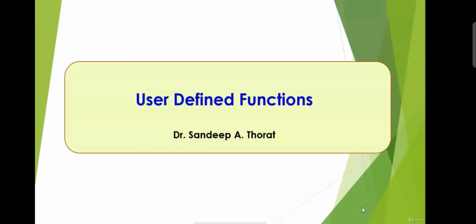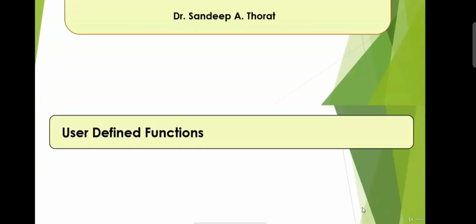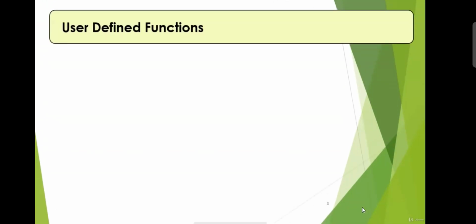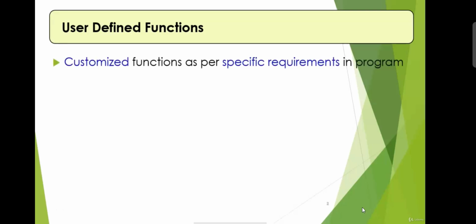In this session, we are going to discuss user-defined functions in C language. Let's understand basic concepts related to user-defined functions. User-defined functions are customized functions which are written as per a specific requirement in the program.